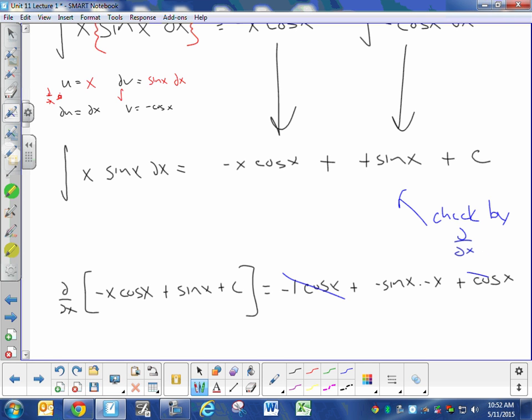Negative cos x, positive cos x disappear. The negative sine x times negative x is just x sine x. That's what I wanted to get to. I did it. I win. So this is correct. We just found the antiderivative of x sine x.